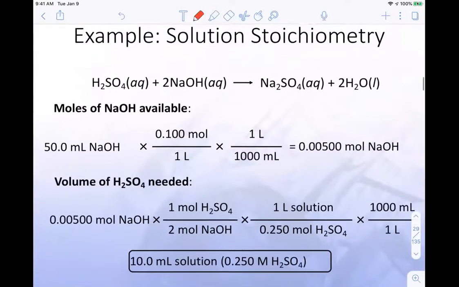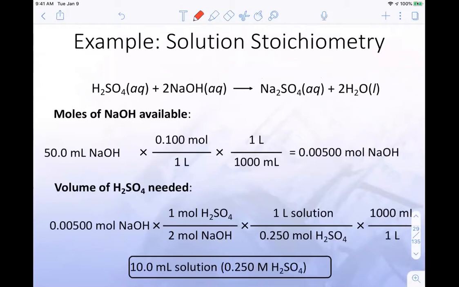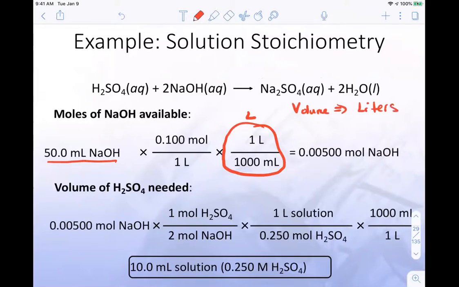So let's put some numbers to this. Here I have 50 mL, which is my volume of sodium hydroxide. This just converts that to liters, because remember, my volume needs to be in liters in order to get moles.